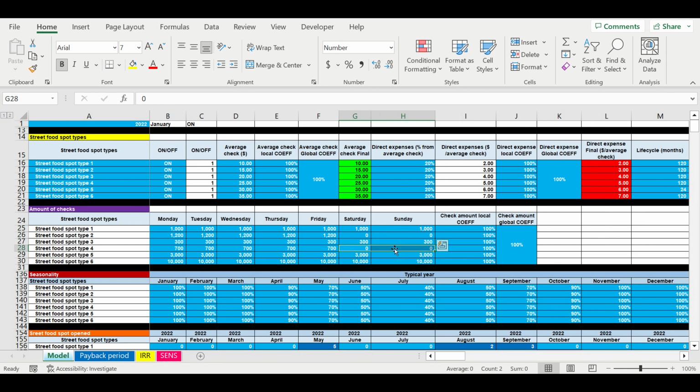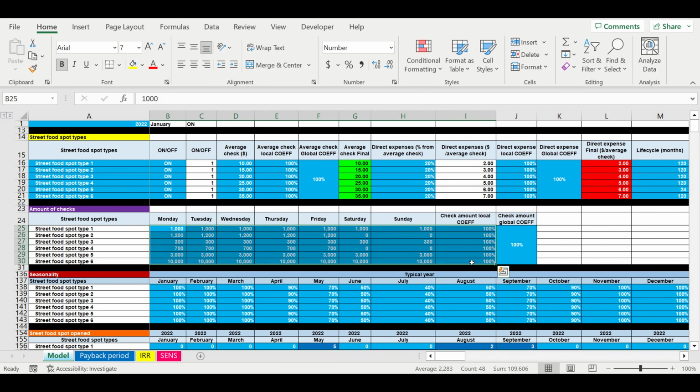And some spots may be located in the airport, where the revenue doesn't have any seasonality, and it works 24 hours, 7 days a week, 365 days in a year. So it has no seasonality.